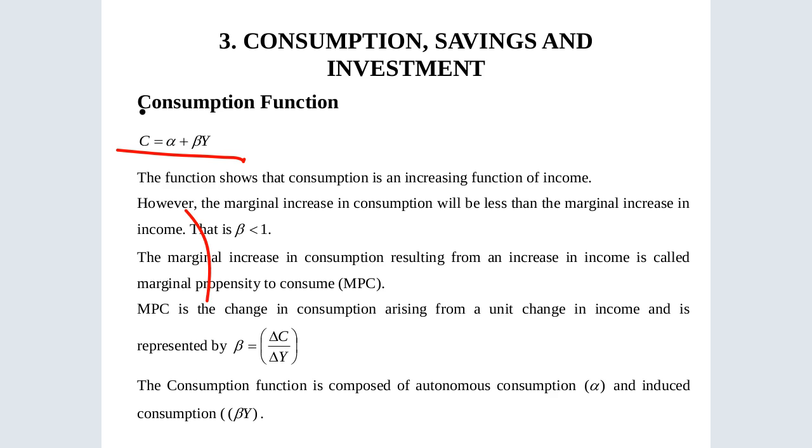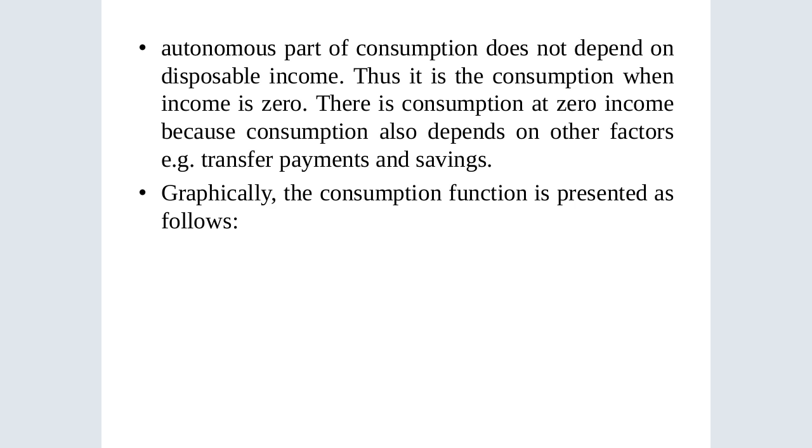Or in other words, you can say this is the change in consumption arising from a unit change in income. That is what we call beta. And alpha is the consumption that does not depend on the income. I mentioned the autonomous consumption and the one that depends on income.